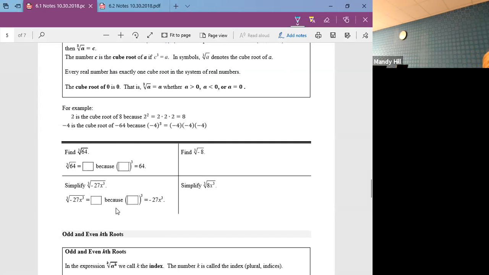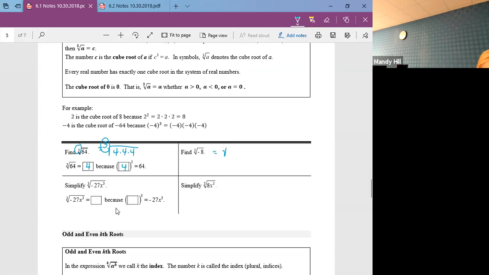So down here is saying, what's the cube root of 64? We're looking for, and that 3 is important, 3 numbers that are exactly the same, that when we multiply them together, give us 64. So 4 is the answer, because 4 to the third, or 4 times 4 times 4, is 64.